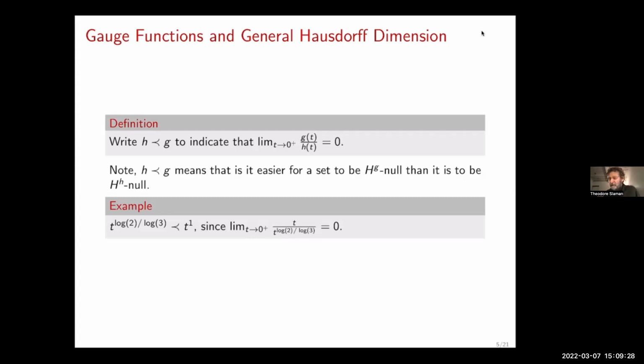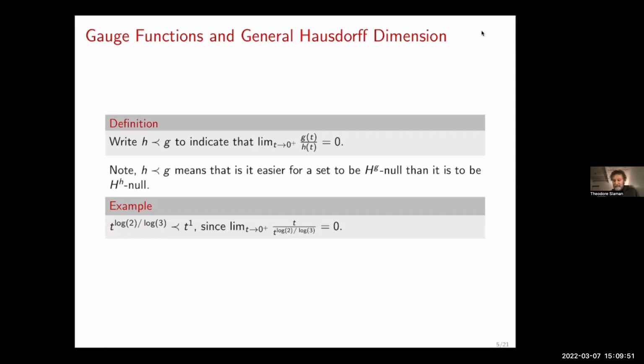Okay, so for example, let's look at this example. If you take t to this exponent, a natural exponent as we'll see in a minute, log 2 over log 3, that thing is less than t to the 1 because log 2 over log 3 is less than 1, and so the limit of that ratio is equal to 0.